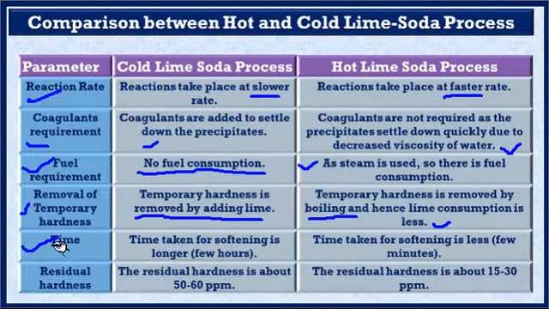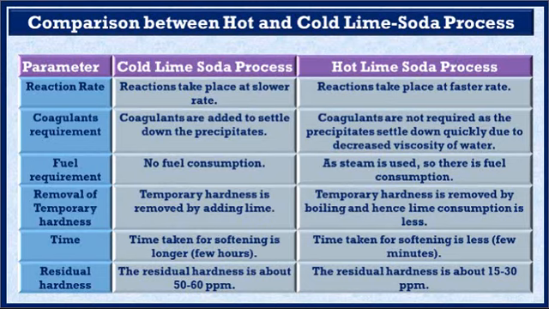Next parameter is time. In the cold process, time taken for softening is higher, a few hours are required, while in the hot process time is required only in a few minutes. Next parameter is residual hardness, that means how much hardness remains in the water after softening.